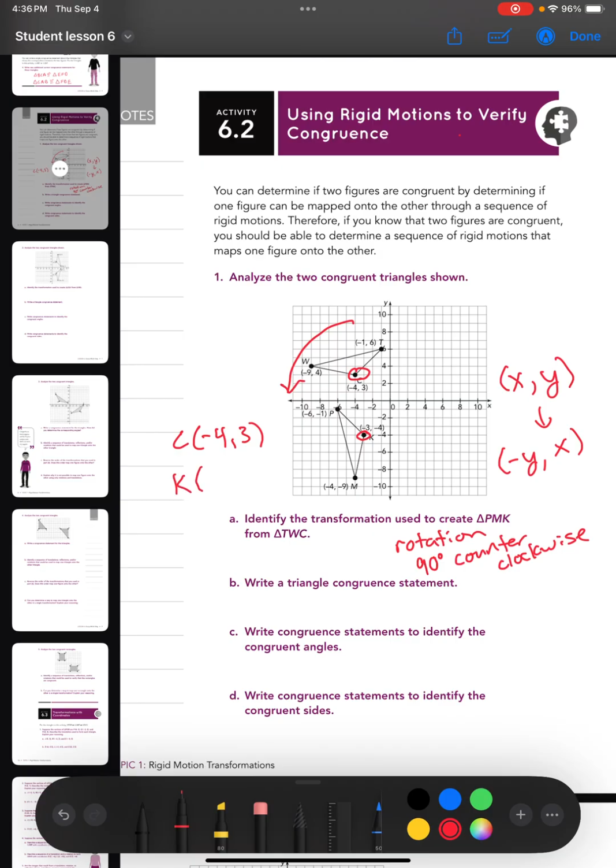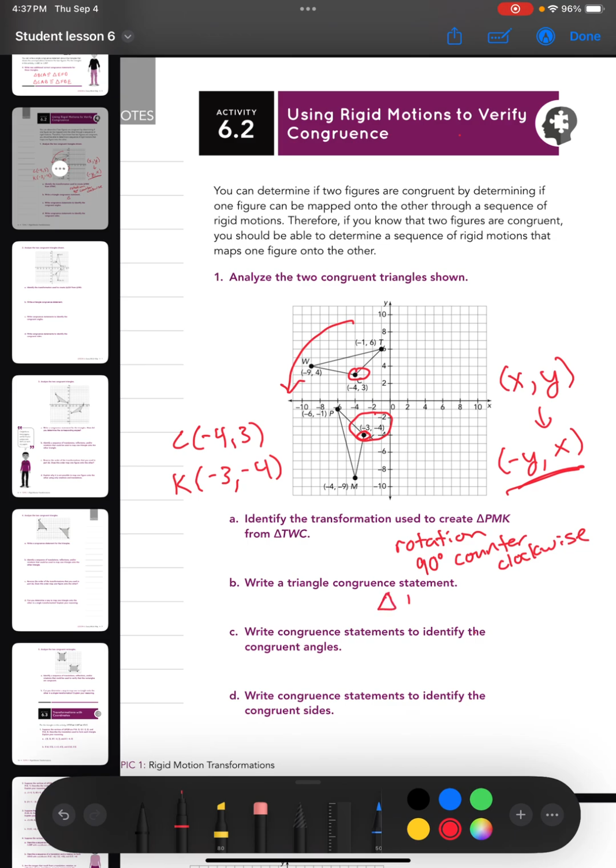Not even looking at what it is mapped to, if we follow our rule, point K should become (negative 3, negative 4), which matches up exactly to what we have there. If we test the other points, you'd find the same thing. So we can say they are congruent.